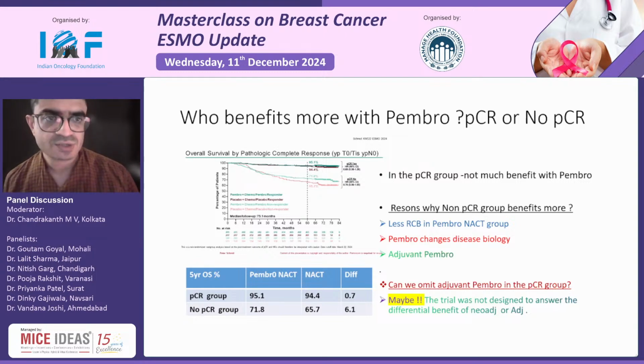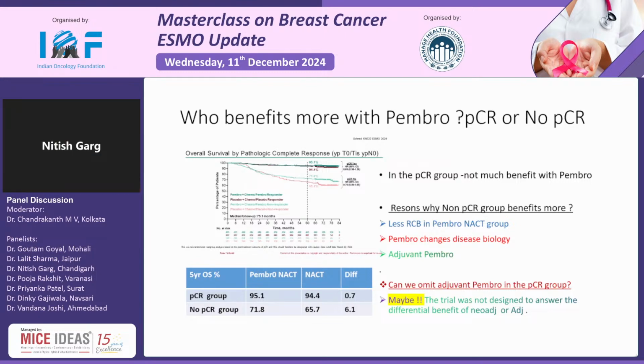Nitish. Dr. Nitish, we gave, let us say, 522 for a patient, and we operated, and there is a pathological complete response. So what about adjuvant pembrolizumab in a patient who has achieved a pathological complete response? Because the benefit is more in the non-pCR subset.